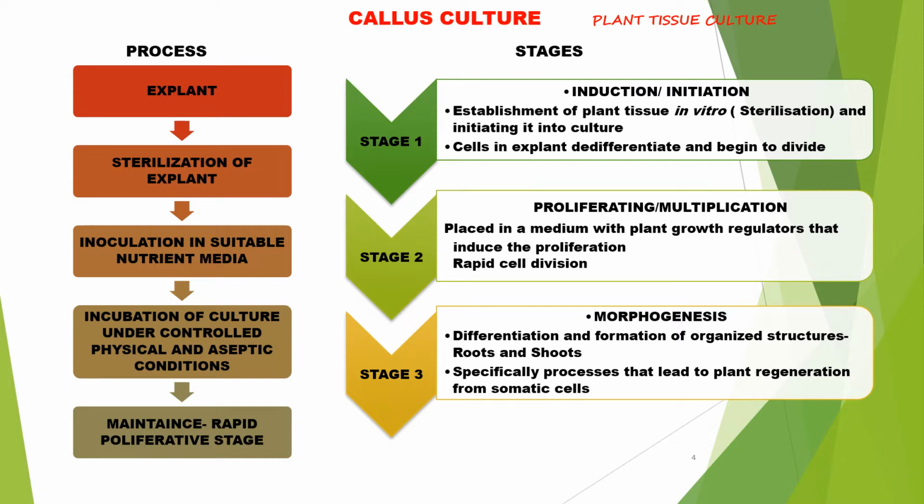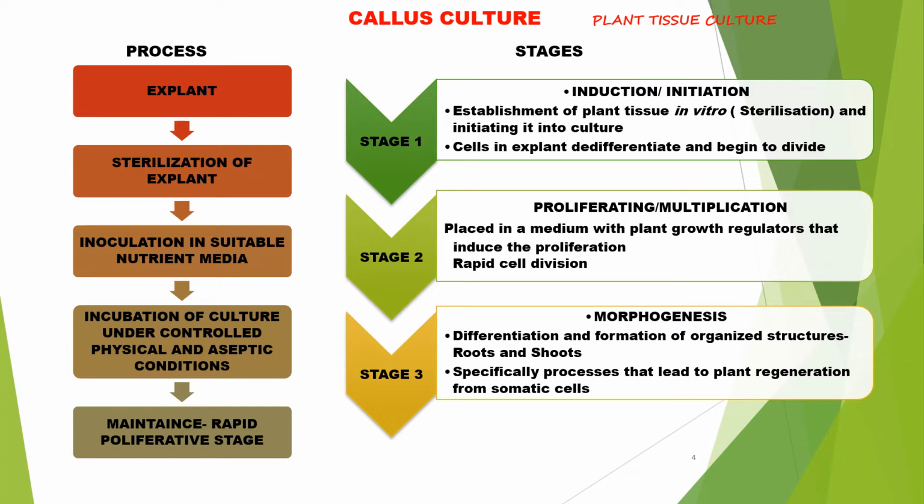Stage 1 includes the induction or initiation of proliferation. This stage includes the excision of explant, surface sterilization of the explant, followed by inoculation of the cells into the media. Stage 2, the proliferation stage. In this, the plant explant is maintained in plant growth regulators to induce rapid cell division and make a mass of calli.